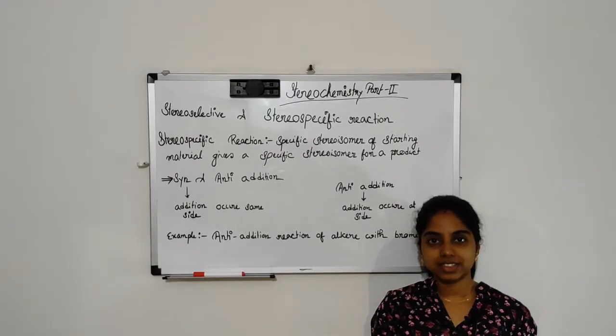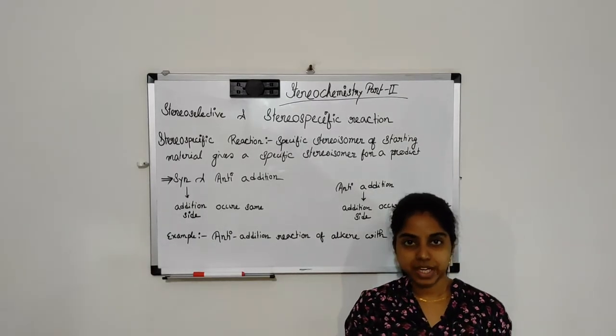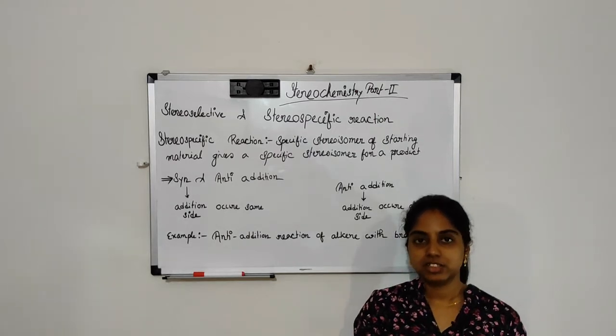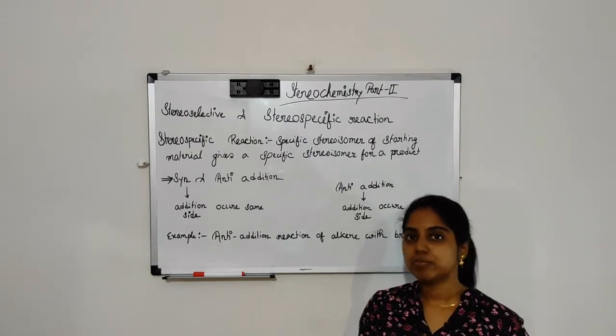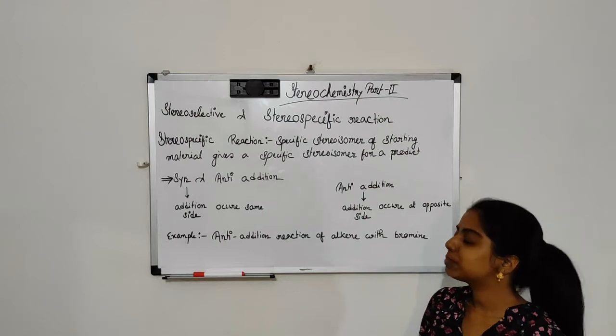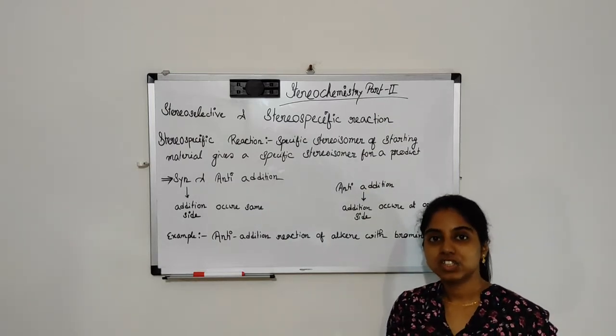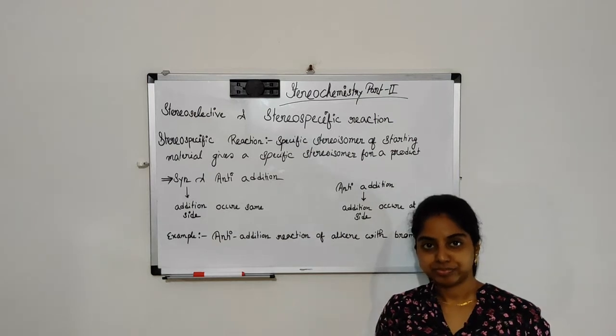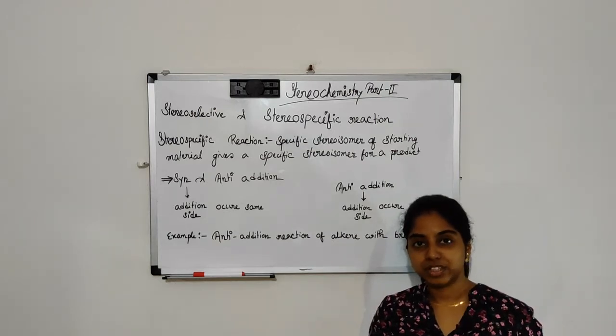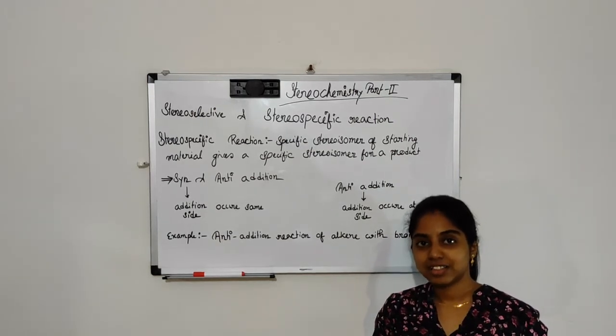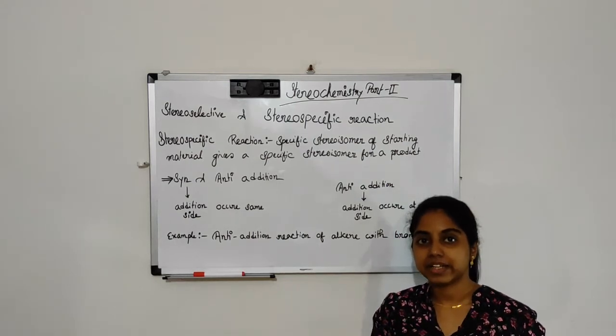Now we'll discuss stereospecific reactions. In a stereospecific reaction, a particular stereoisomer of the starting material gives a particular stereoisomer of the product. So a specific product comes from a specific reactant.